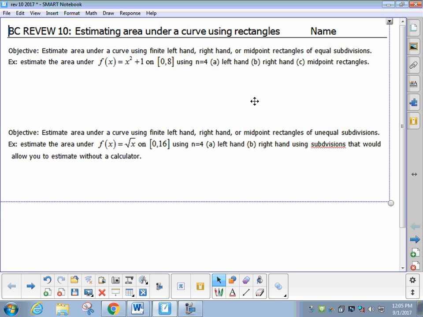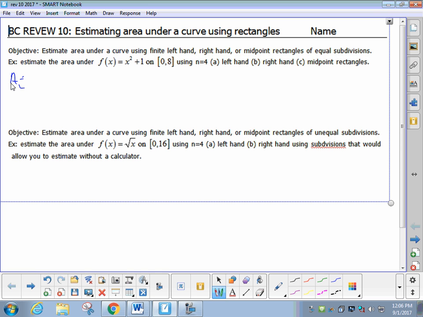Could you estimate for me the area under that curve using left, right, or midpoint rectangles of equal subdivisions? For example, the area under x squared plus 1. If there are equal subdivisions, let's go left hand first.